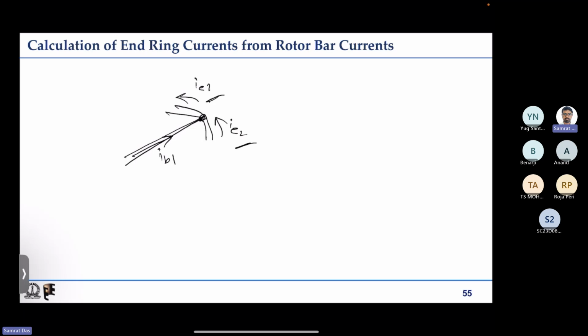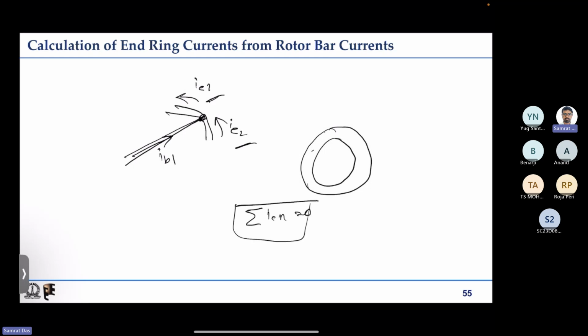For the last equation, if this is our end ring that has different segments, we could apply KVL in this loop, and if the resistances are exactly equal in the different segments, then it boils down to the summation of IEN being equal to 0.